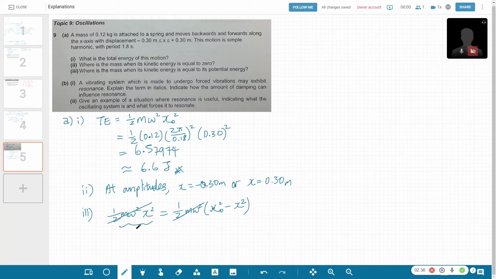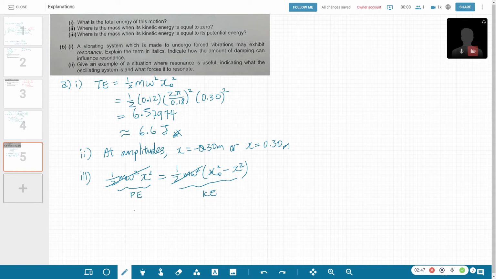So when they are equal, you get 2x square equals to x naught square, or x equals to plus minus square root 2 of x naught. Now x naught is 0.3, so it's negative root 2 times 0.3 or root 2 times 0.30, and we get negative 0.424.